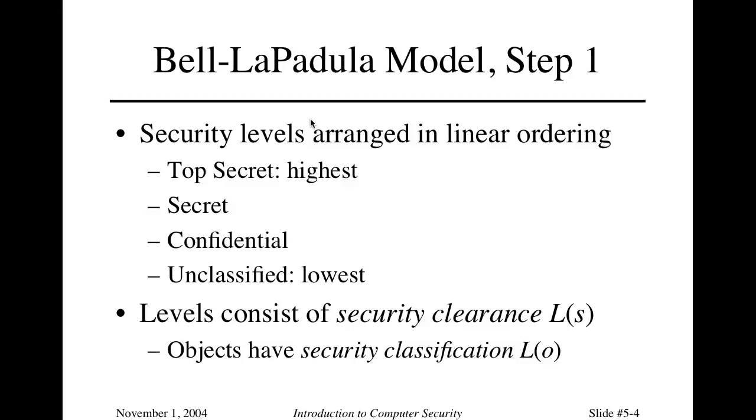A person can have a clearance level or security level at secret. A file may be at top secret or unclassified. That's the security levels in the system. We also call them security labels. We label subject and object in the system.